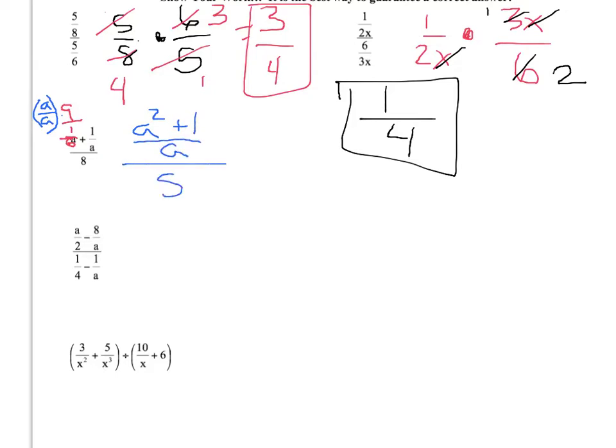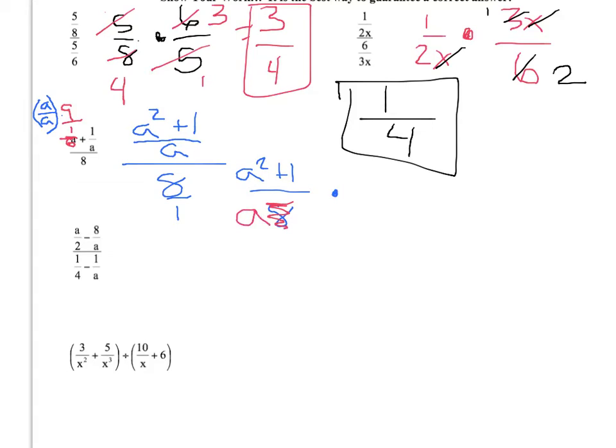And the denominator is just an 8. You have one fraction in the numerator, one fraction in the denominator, because this 8 you can think of as an 8 over 1. So we can do a keep, change, flip now. A squared plus 1 over a is going to stay the same. Change division to multiplication.